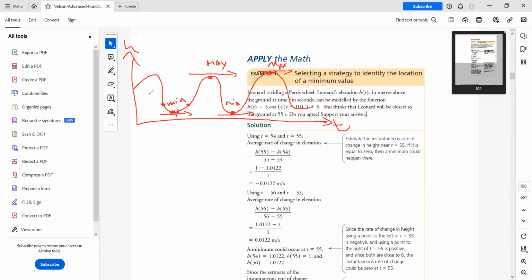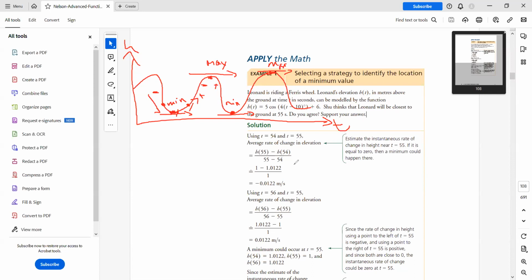If the average rate of change is negative before and positive afterwards, it means it's a minimum. On the other hand, if it is positive and then negative, so the function is slowing down and then going down, it means it's a local maximum. Okay?